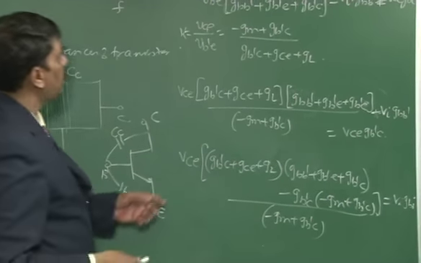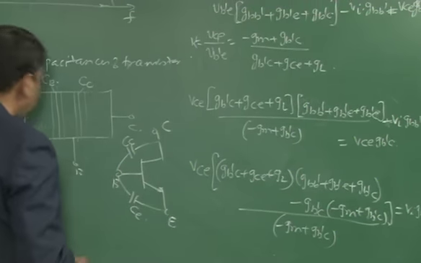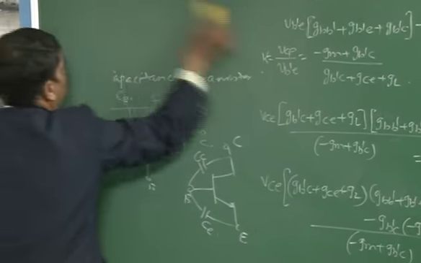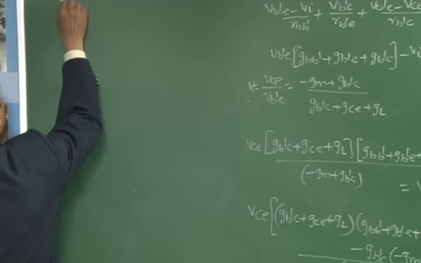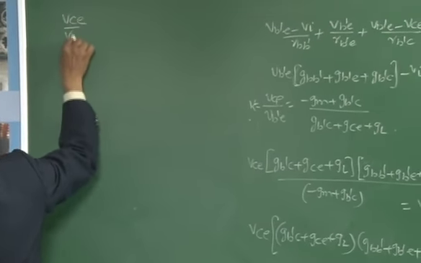The voltage gain of the amplifier for the transistor at high frequencies is given by VCE by VI.